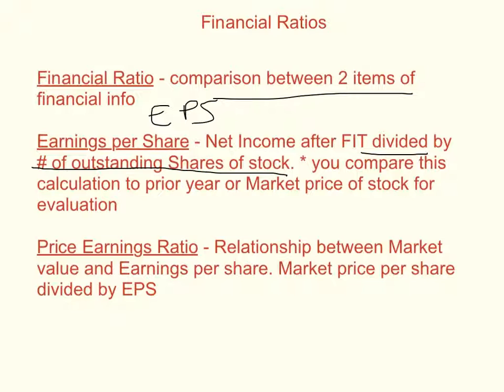You compare this calculation to prior years, see how it has changed, or look at the market price of your stock for evaluation purposes. Another calculation ratio is your price earnings ratio. And this is the relationship between your market value and your earnings per share. The market price per share is divided by the earnings per share.